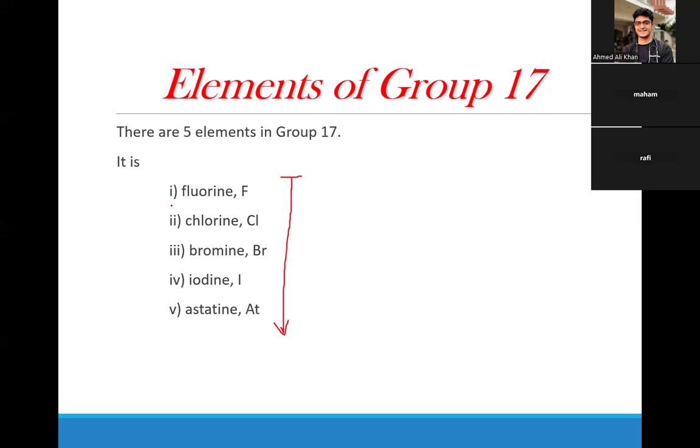The first element in group 7 is fluorine, and the last one is astatine. However, the periodic table has been recently updated, and I think the last element is something else, which you can check from the periodic table. But these are the group 7 elements, and they are also known as the halogens.